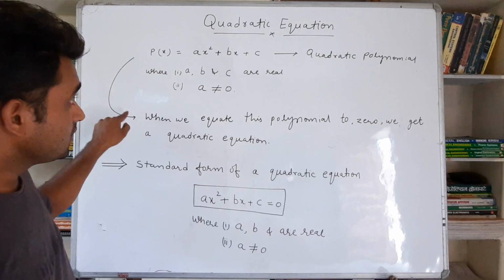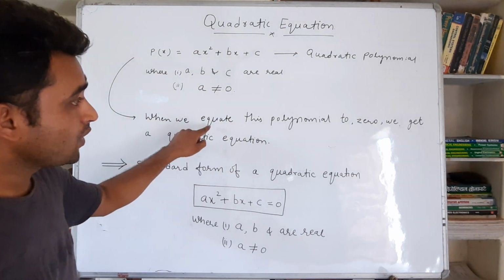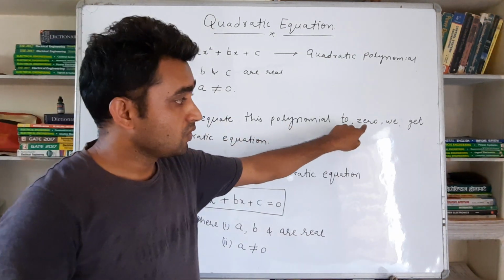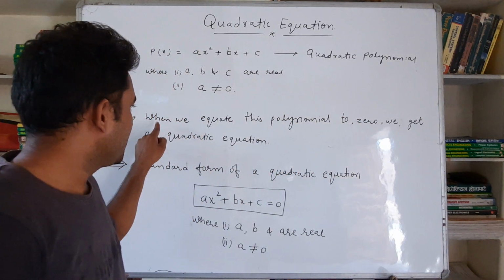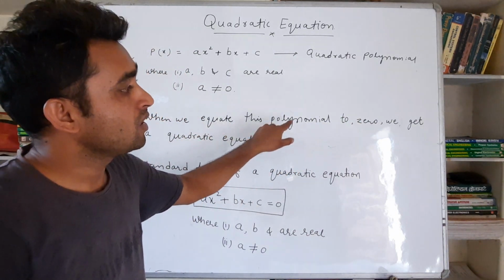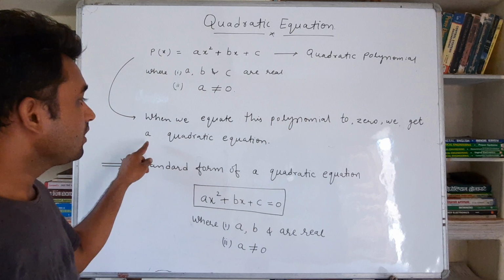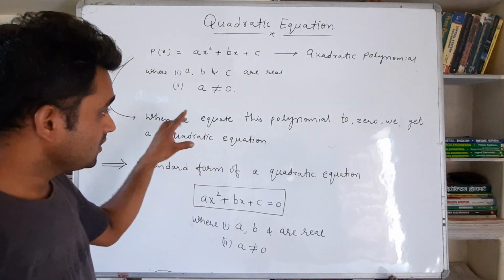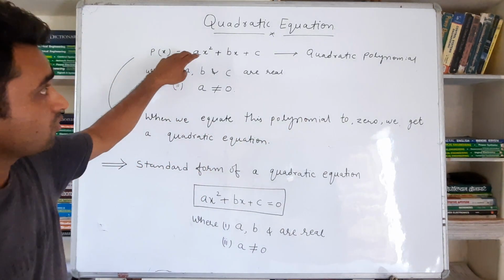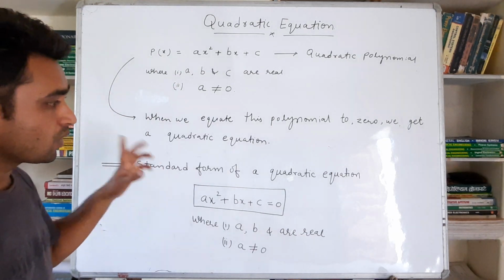When we equate this polynomial to 0, listen, when we equate this polynomial to 0, we get a quadratic equation. So this is the basic difference between a quadratic polynomial and a quadratic equation.